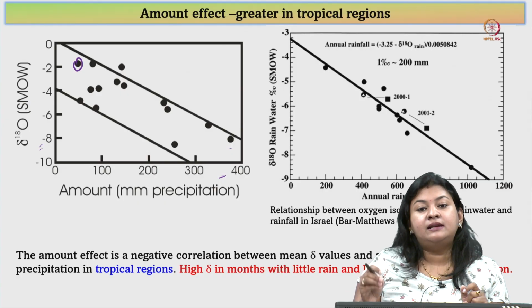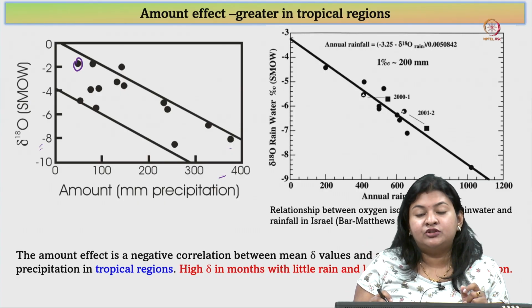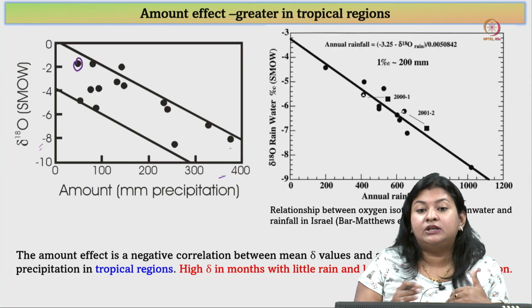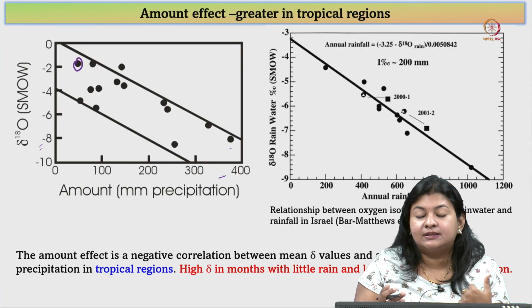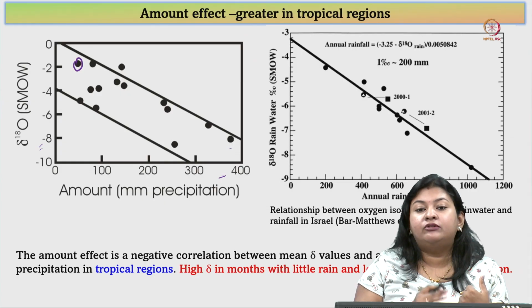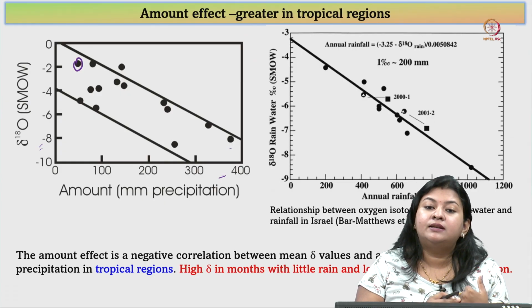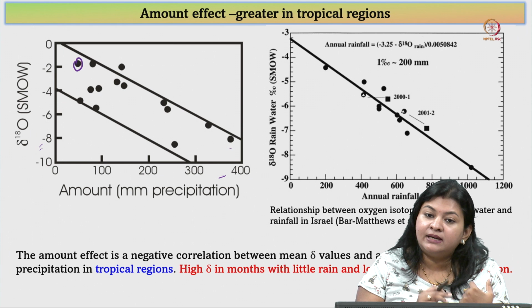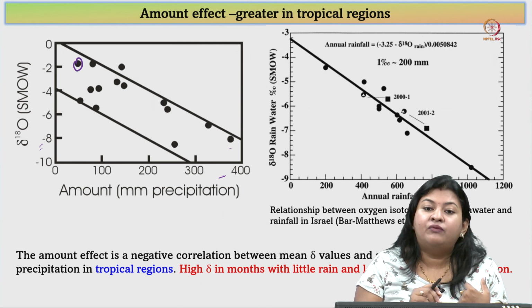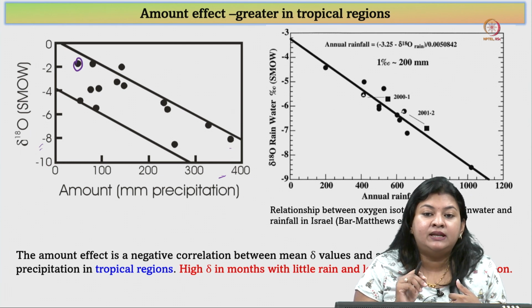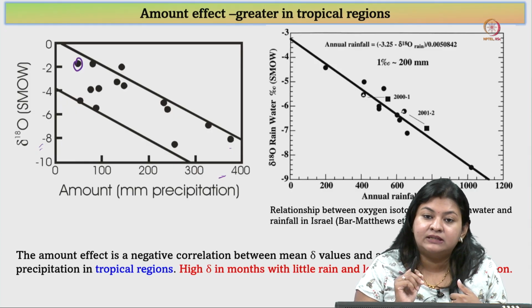So, the final rainfall events, which have a huge amount, now the total cumulative amount has increased, then you see that that rainfall will be very negative. So, the 18 oxygen composition of that particular rainfall will be very low, a highly negative value.